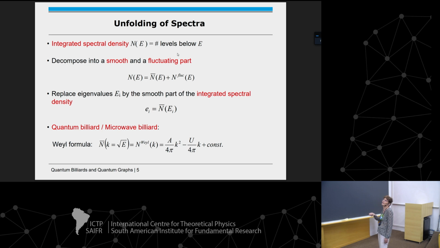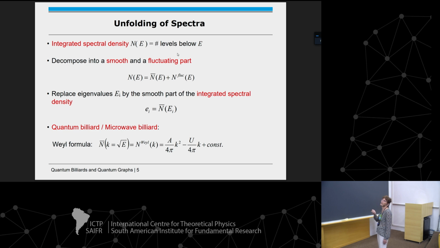You can fit a polynomial to the staircase function, and then you can separate the integrated spectral density, which is just the integral over the spectral density from 0 to E, into a smooth part and a fluctuating part. This quantity is directly accessible because you only need to count the number of eigenvalues below energy E. So it's very simple to obtain.